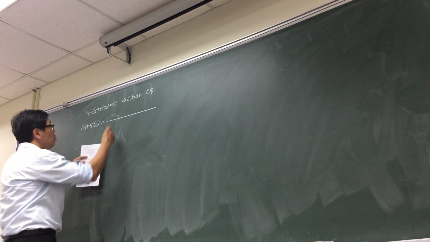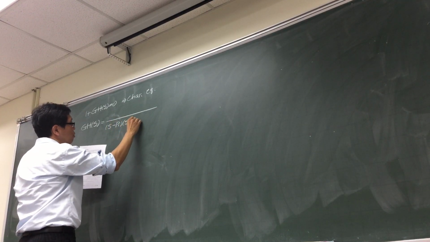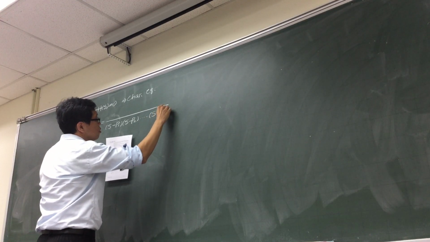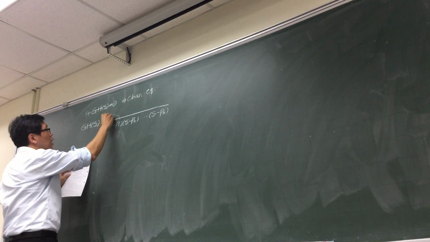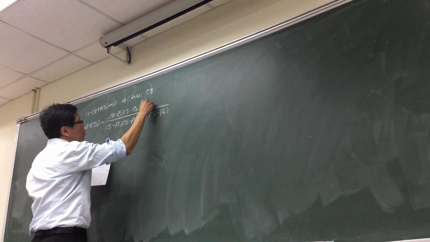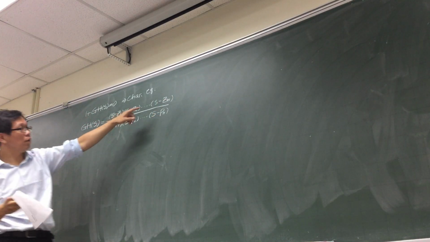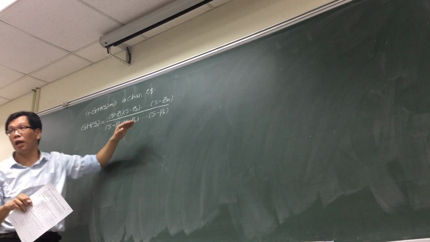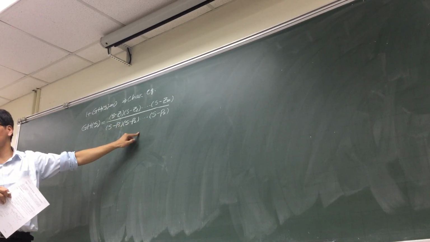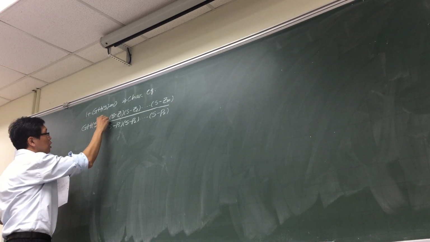We have s minus p1, s minus p2, and so on, assume we have n poles, and in the numerator we have s minus z1, s minus z2, and we have m zeros. Keep in mind, m and n are not the same because normally we have more poles than zeros. But if you do something like this, it's not going to be the same because we still need to have another thing, that is K.